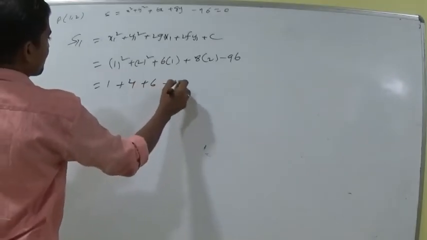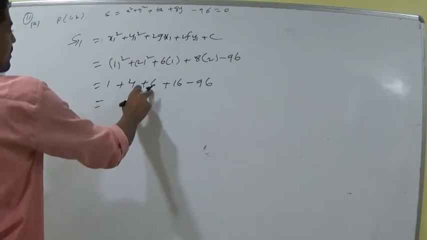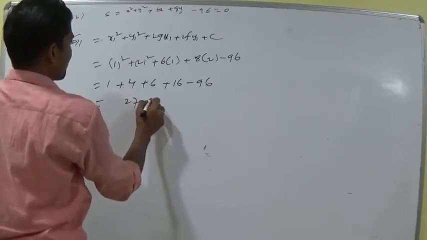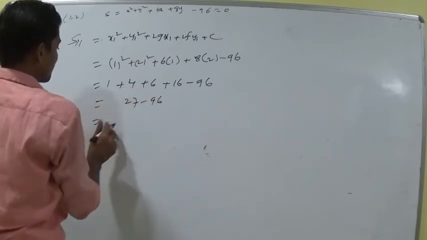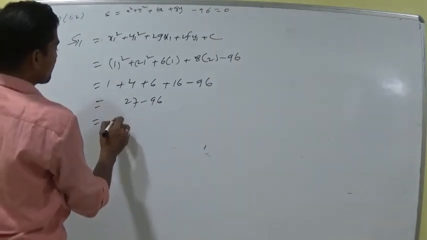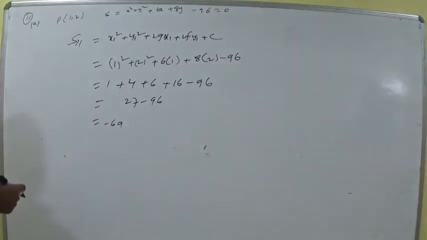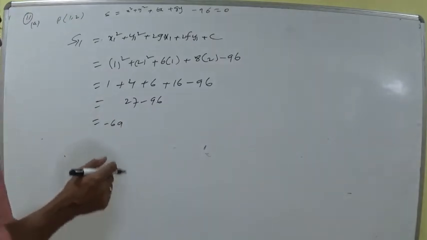So 1 plus 4 plus 6 plus 16 minus 96, which is equal to 27 minus 96, which is equal to minus 69. Minus 69 is the power of the point.